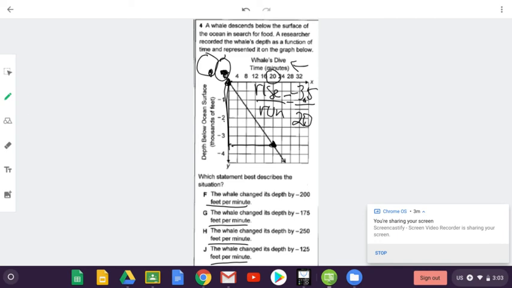Now I'm just going to see how far they change. And remember, this is in thousands of feet. I'm glad that I read that measure. So I'm going to take 3.5 and multiply that times 1,000. 3.5 times 1,000 is going to get you -3,500.